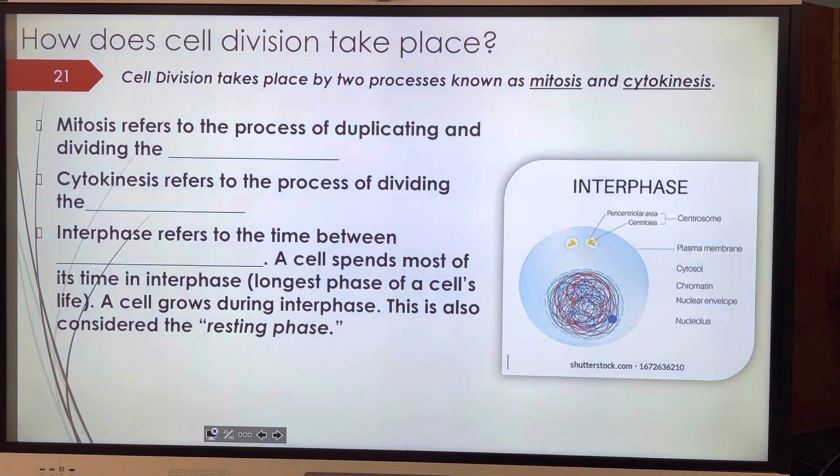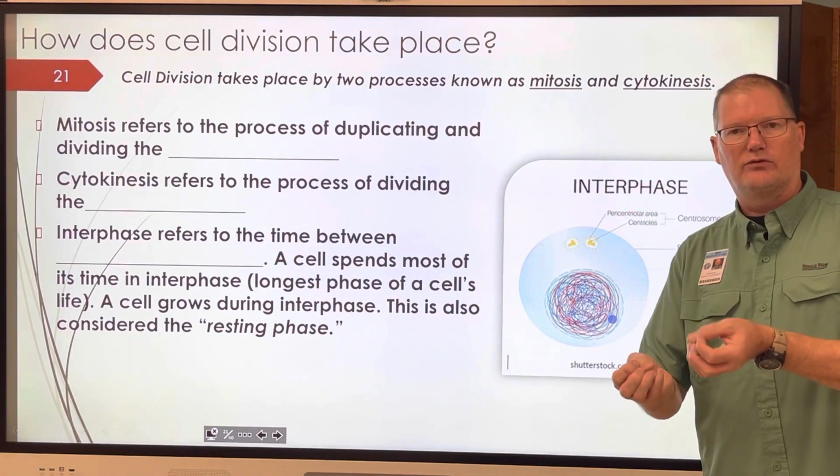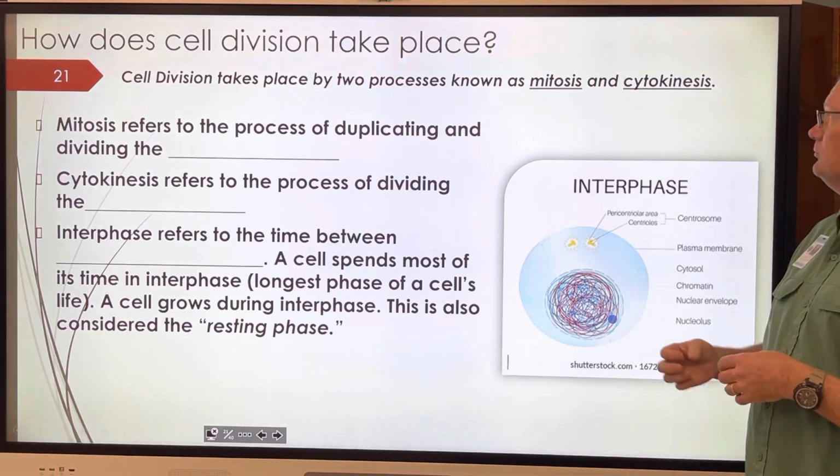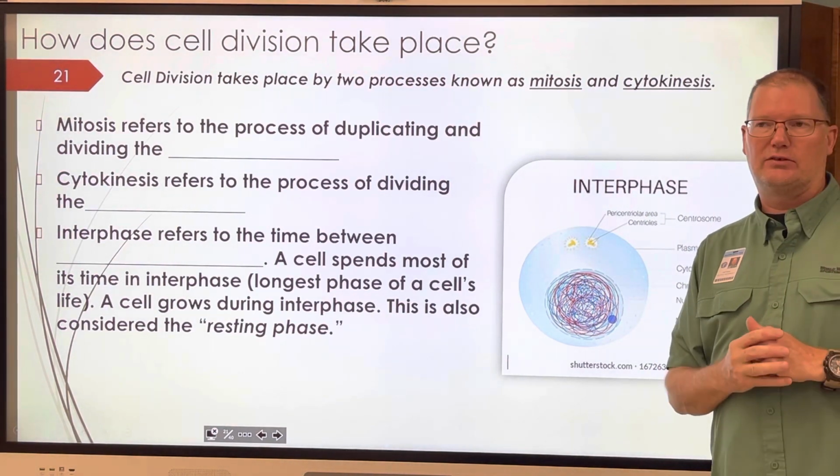Okay, we're on slide 21, so we are on page 6. How does cell division take place? Two processes, and then you have 2 new cells from a parent cell, okay? Mitosis and something called cytokinesis.